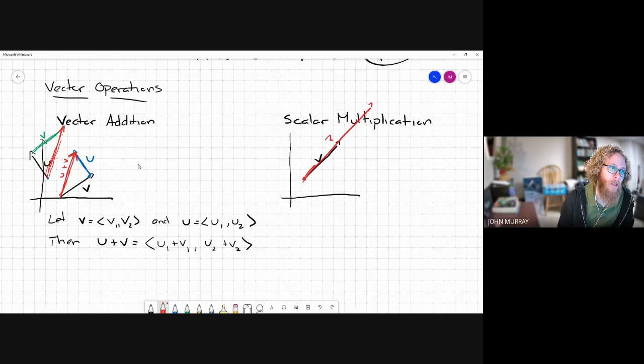It would just be twice the length. Okay, if I multiplied it by half, it would go in the same direction, but it'd just be half the length. Okay, I can make it negative. If I say negative v, that means I go in the opposite direction. All right, so that's what scalar multiple is.